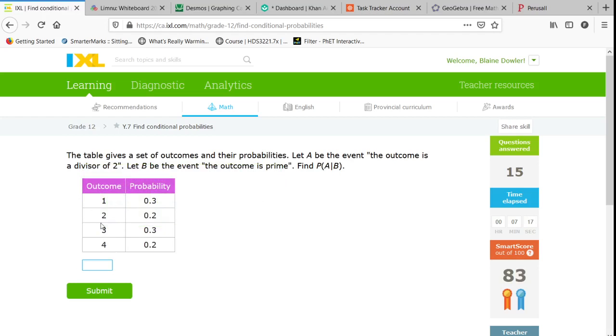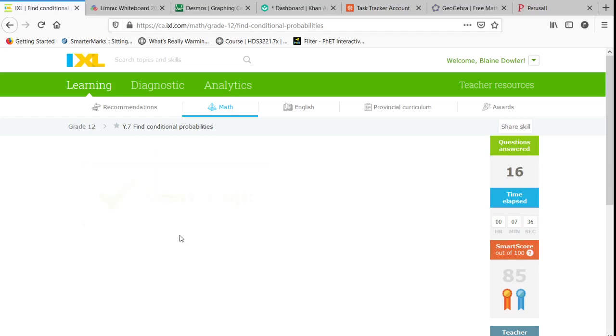Now here, A is outcome is a divisor of 2. That's just 2. And B, outcome is prime. That's 2 or 3. So the only event that satisfies both A and B is 2. So that's a probability of 0.2. Probability of all of B is 0.5. 0.2 divided by 0.5 is 0.4.